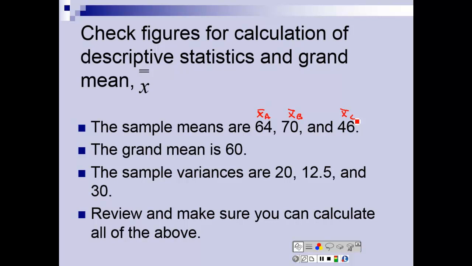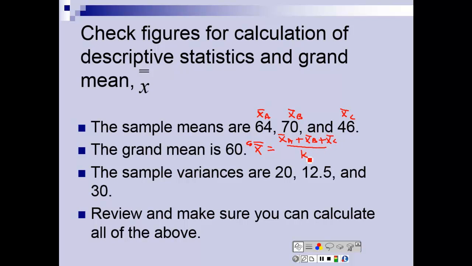The grand mean is X bar bar. Read that as the mean of the means. So X bar bar is equal to X bar A plus X bar B plus X bar C, divided by K, the number of them.